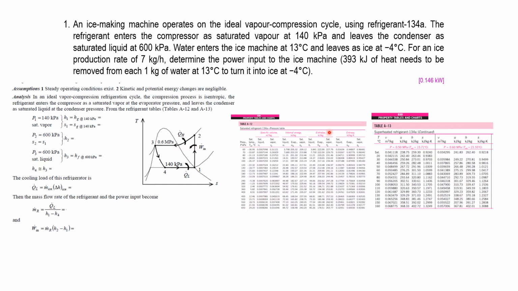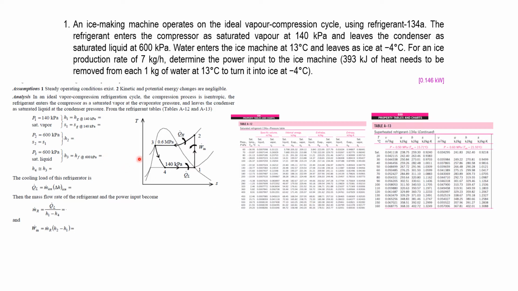And we find the column for enthalpy again. Earlier for H1 we found the enthalpy for saturated vapor. Now it is saturated liquid, so we go to this column where it shows saturated liquid. We go down to 600 kPa, and we find that this is our enthalpy.